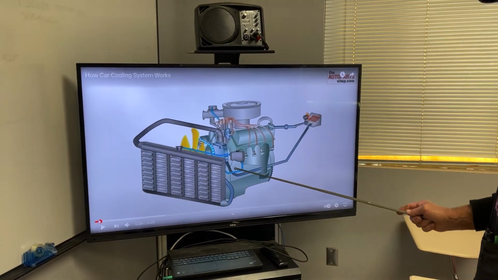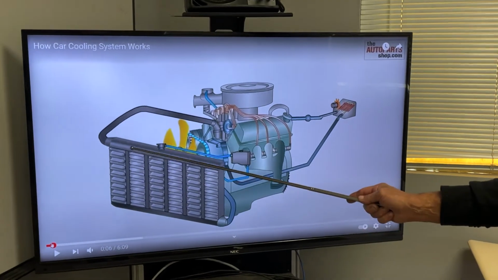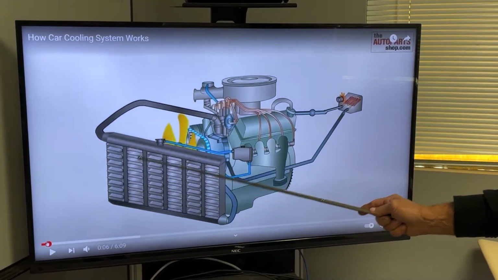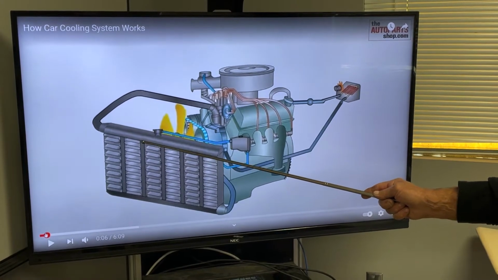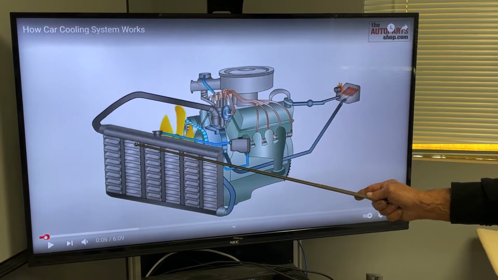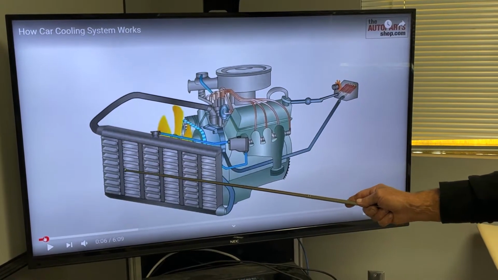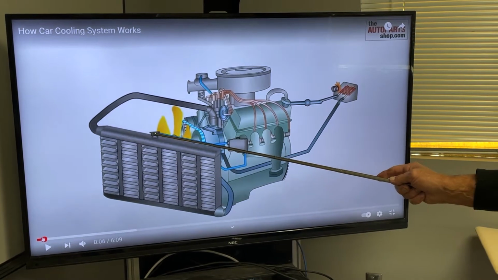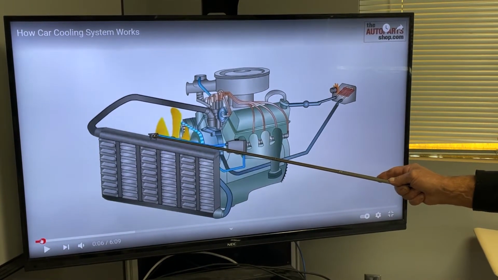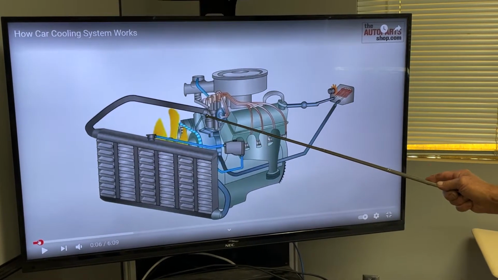What we have in a basic cooling system is a radiator. The radiator has coolant that runs down these tubes here, and the coolant inside these tubes is taken away through airflow through these little coolant zigzags we call air passages. Now we have the nozzle or the cap, the filler place of the radiator, and we have the top radiator hose.